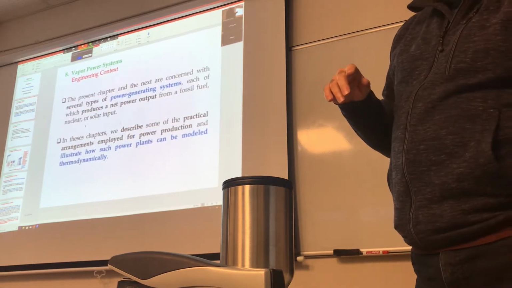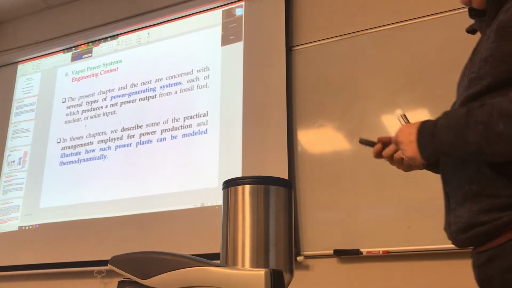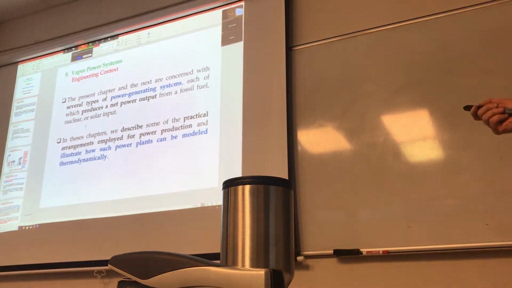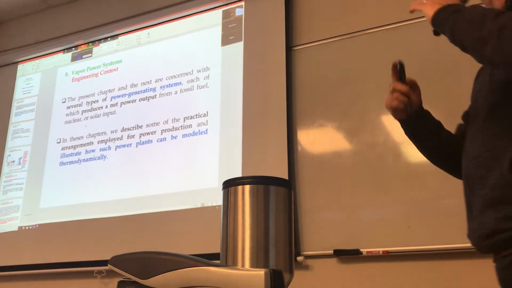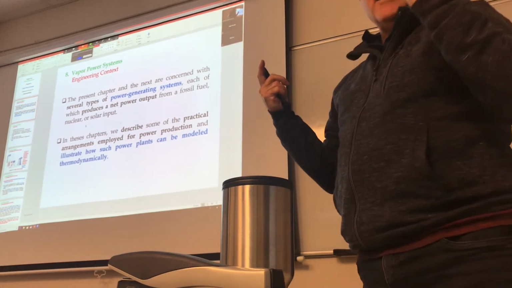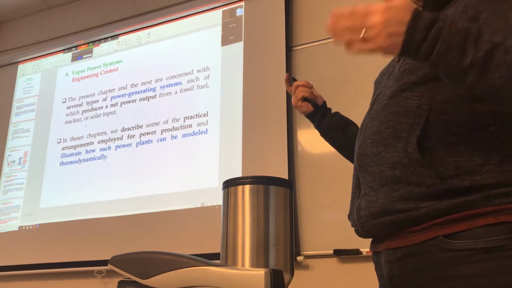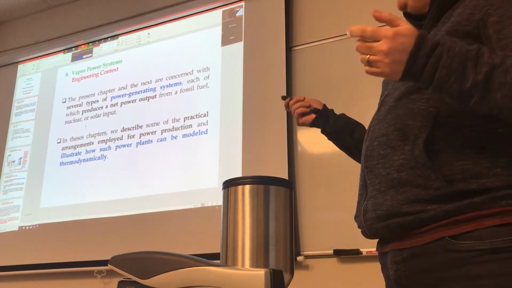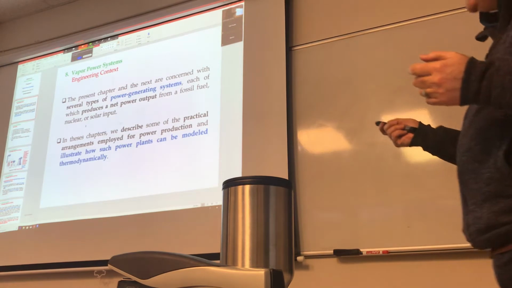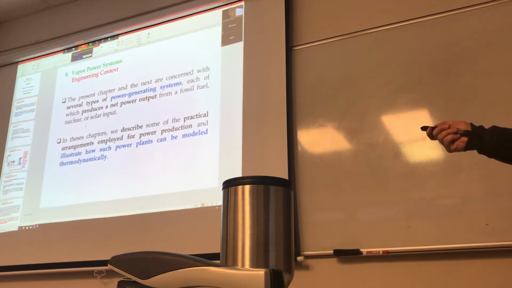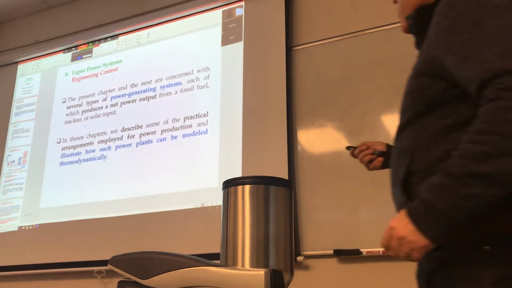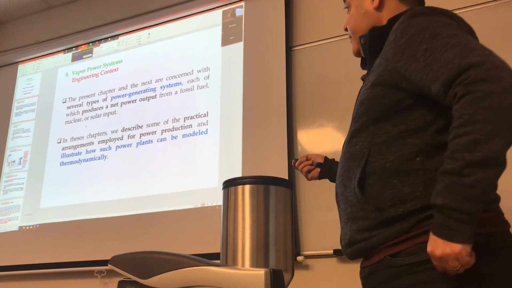We'll start in the engineering context by saying that the present chapter and the next, by the way, the next one will be gas power cycles. In this chapter, we're just going to be generating power using a liquid like water, and the other one will be air, pressurized air. The present chapter and the next are concerned with several types of power generating systems, each of which will produce a net power output from a fossil fuel, nuclear, or solar input.